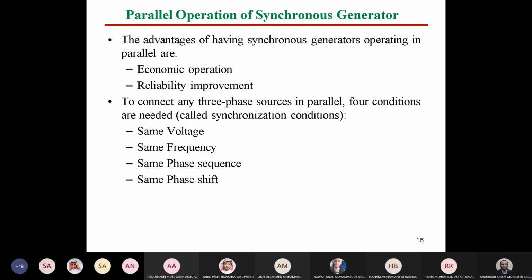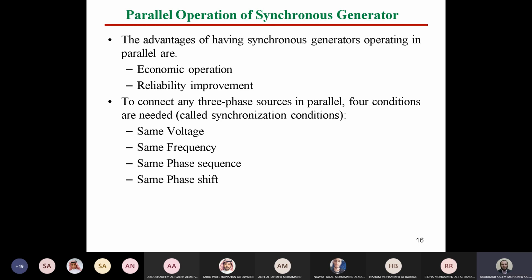So we have some economical aspects. For economic operation, we need to connect generators to the infinite bus. We need to connect the generator to the network, and also for reliability and stability of the power grid.